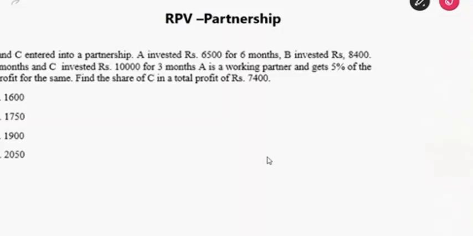See here, partnership is nothing but an extension of ratio problems. A is a working partner, he gets 5% of the total profit. Now the total profit is 7,400. Now 740 is 10% value.